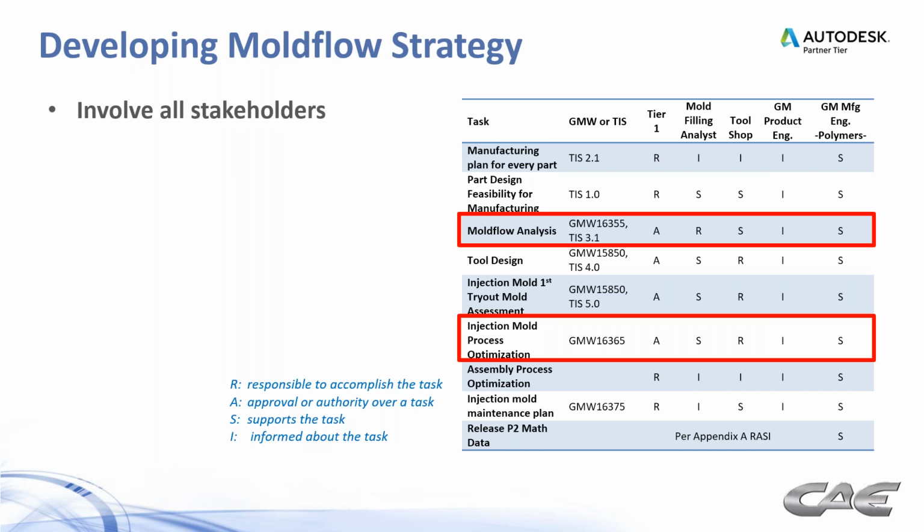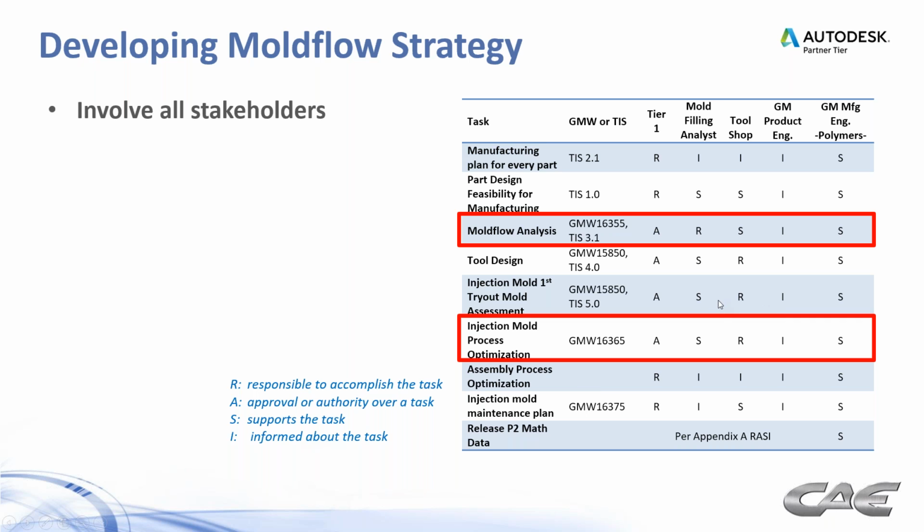This next part is extremely important as well, and I've preached this for many years. Moldflow analysis really can be done kind of in a vacuum, and if you don't talk to other people involved in this particular project, then you can go down a path that might be completely different than what was intended.